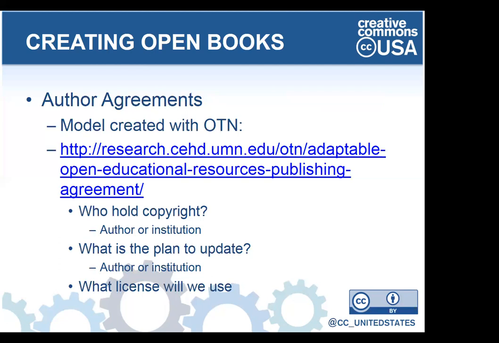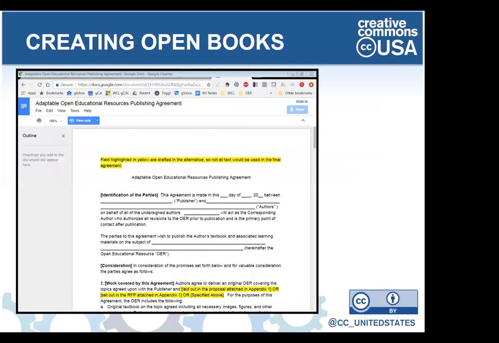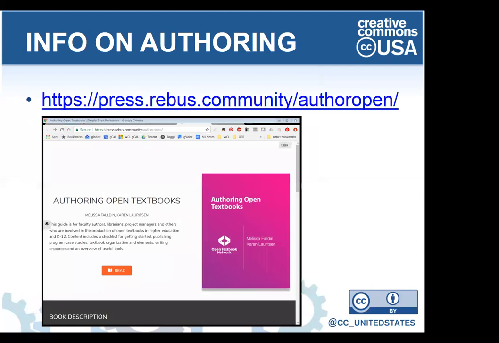Who will be responsible for any updating or versioning, the author or institution? And what license would be used? That's linked in this slide, and you can also see it here. It's like a traditional publishing agreement, but includes the open requirement. And some more information about open publishing is often also on the Open Textbook Network website here.